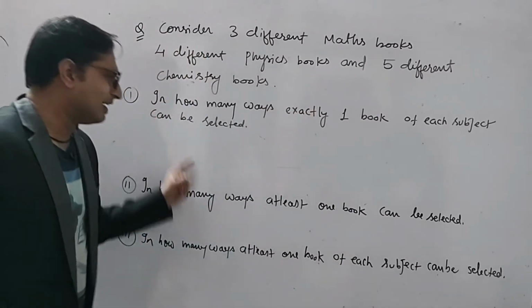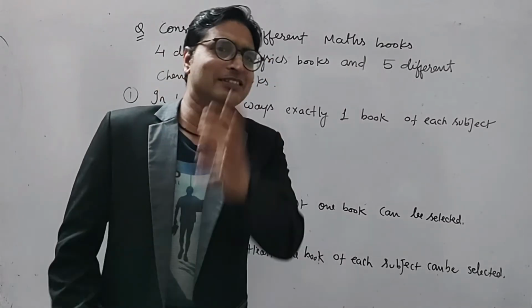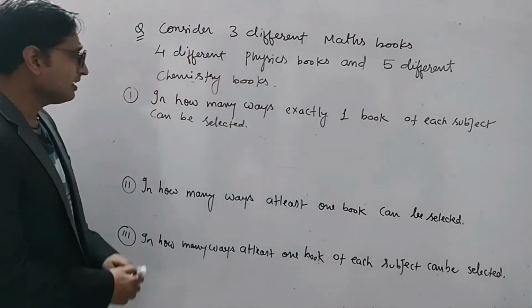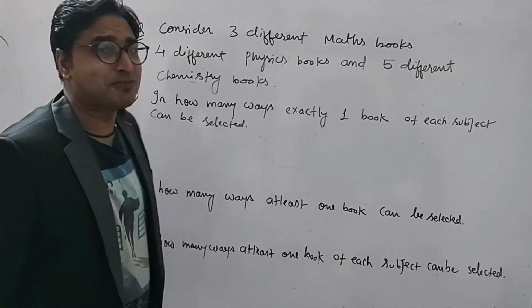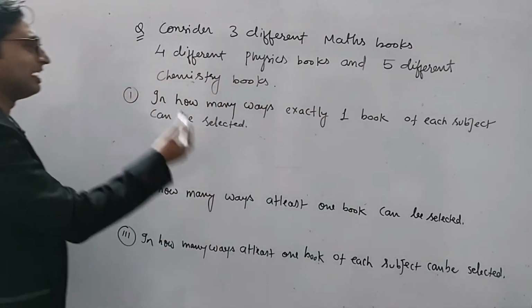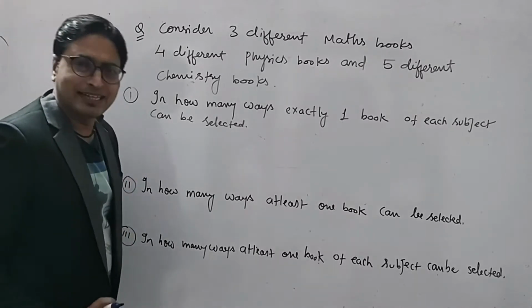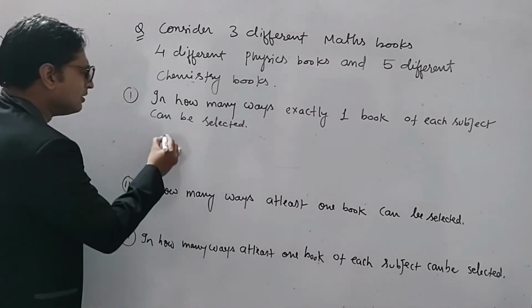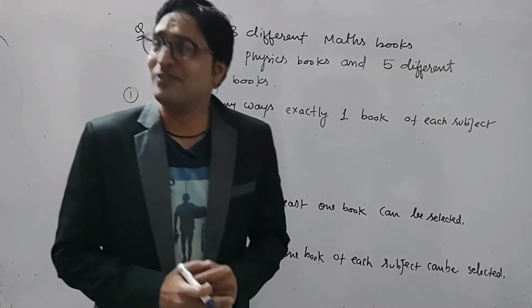So in this first question we have to select exactly one book of each subject. So how will we select? See, it's a basic question. If you are selecting exactly one book of each subject, this is a basic problem. Okay, so in how many ways can you select? Out of 3 books of maths, all 3 are different, so you can select exactly one book in 3C1 ways.